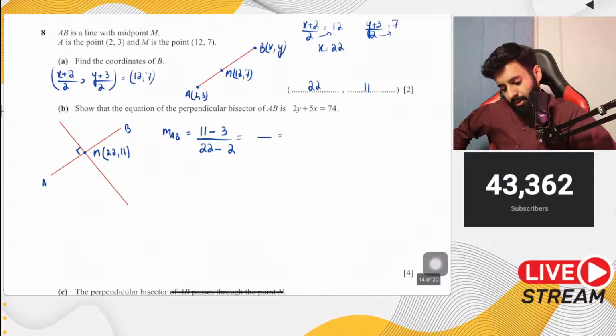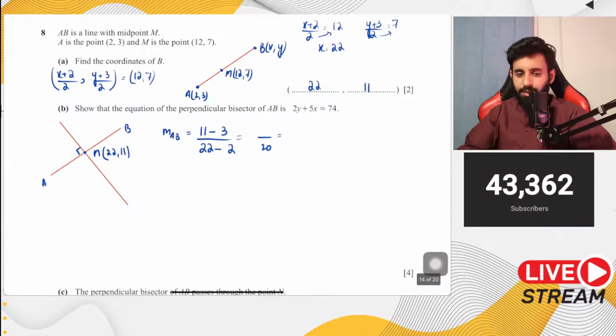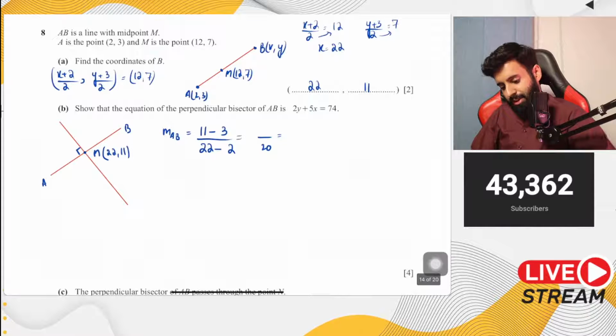So it's 8 upon 20. Should you just use a calculator? 11 minus 3 divided by 22 minus 2 gives 2 upon 5. So let's just write it as 2 upon 5 directly. Then you take the negative reciprocal of it, so the gradient of the perpendicular bisector is going to be minus 5 upon 2.